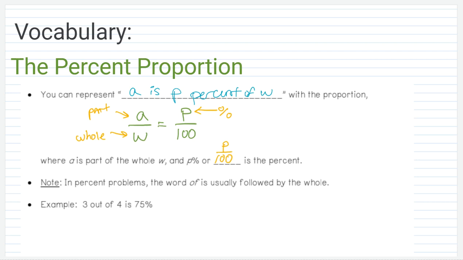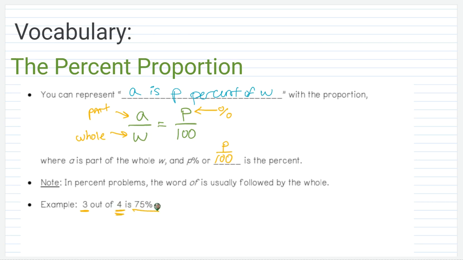So when we go through these examples, you'll note that I'll try to point out some of these key words. Usually if it says of something, that is typically the whole. So 3 out of 4 is 75%. So 3 would be the part. 4 is going to be what it's out of, so that's the whole, and then 75% is obviously our percentage there because it has the percent sign.